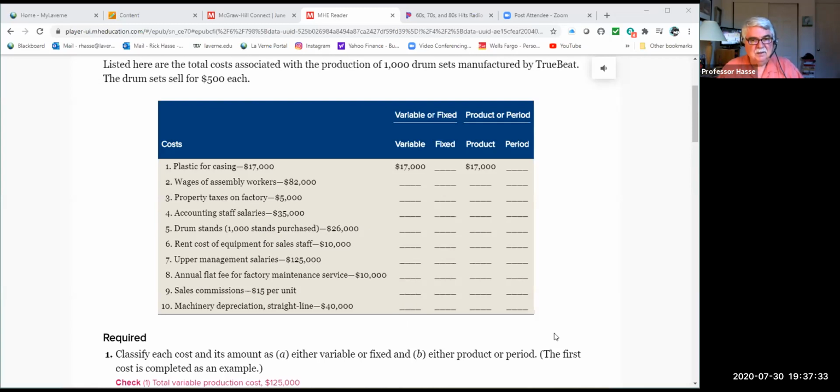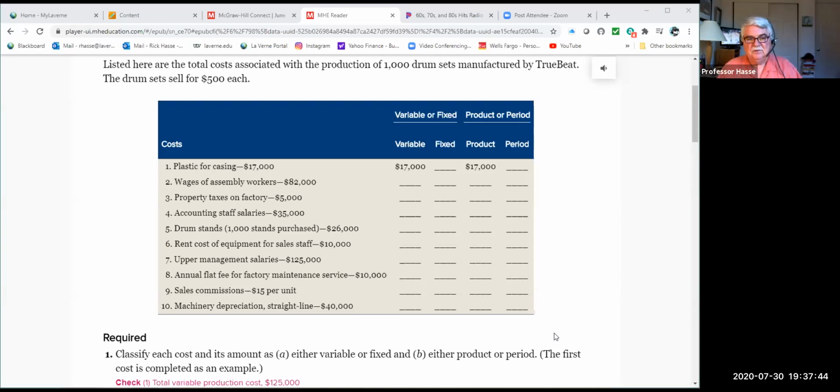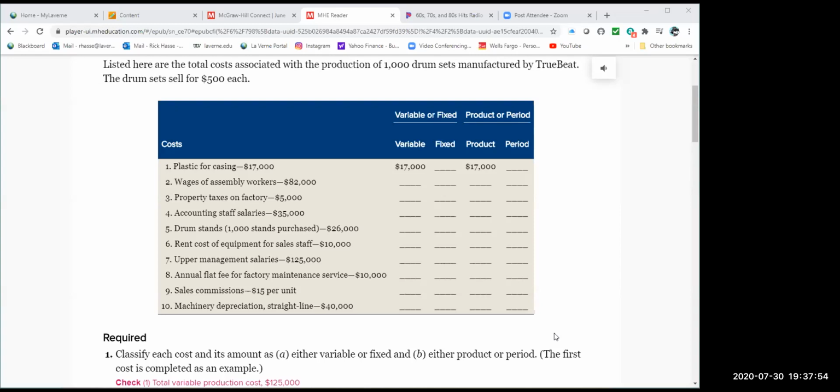Maribel, come on down. Okay, so Maribel has number 6, rent cost of equipment for sales staff. Variable, fixed, product, or period. Fixed period.